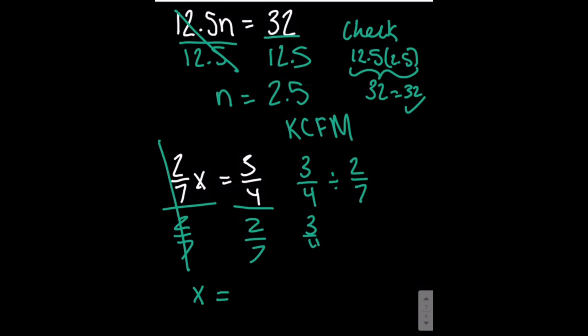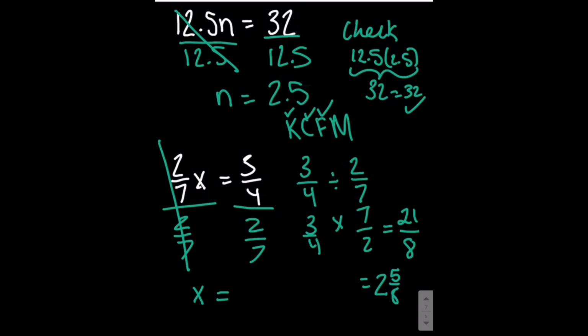So I'm going to keep this. I'm going to change this to a multiplication sign. I'm going to flip this, which really meant reciprocal, and I multiply. So I get 21 over 8. And you can change this into 2 and 5/8. That would just be the mixed number.